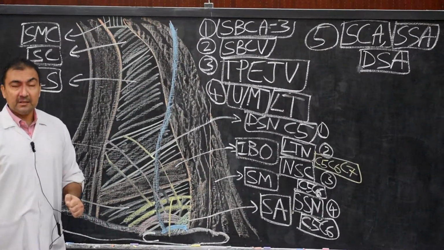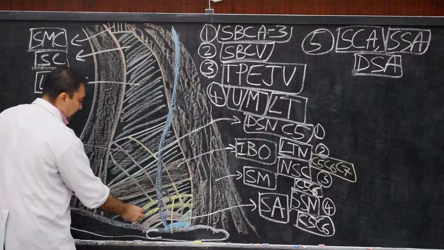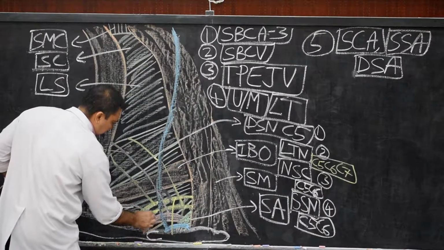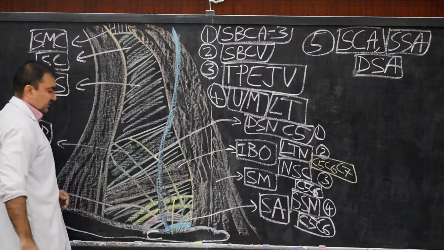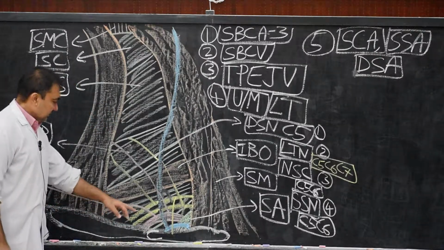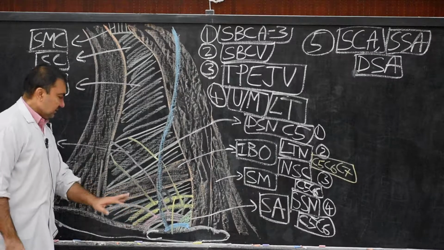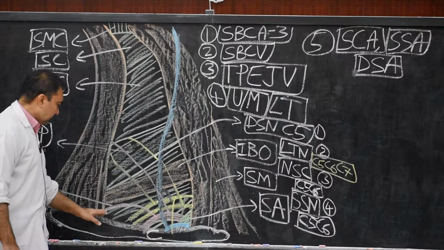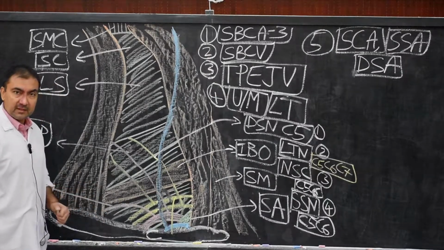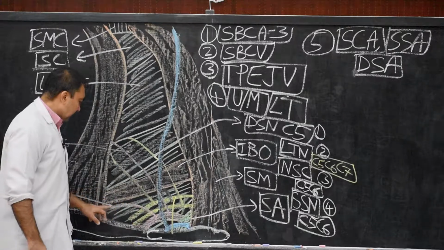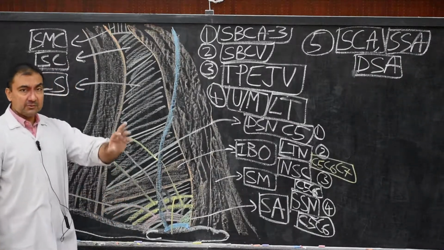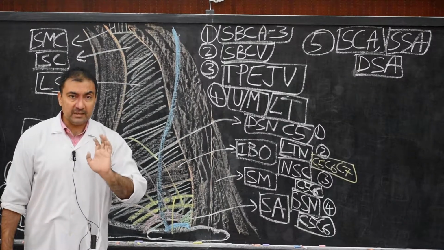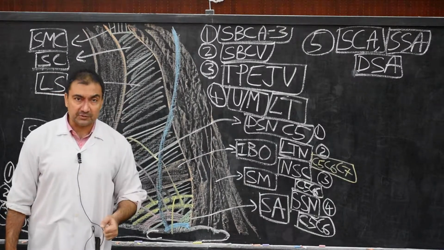Second artery, suprascapular artery. Now this suprascapular artery will pass in this direction, upwards and backwards, and it will pass superficial to subclavian artery as well as the brachial plexus, and then pass parallel to the clavicle, behind the clavicle, to the superior border of the scapula, where it will enter the supraspinous fossa.